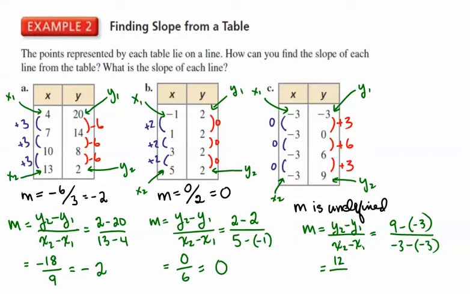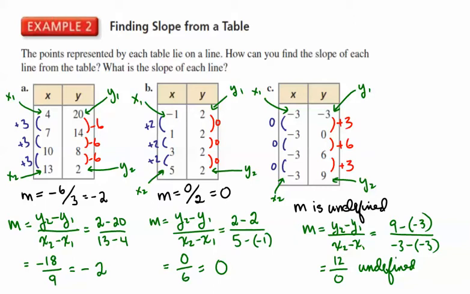Negative 3 minus negative 3, or negative 3 plus 3, would be 0. And unlike 0 over any number is 0, a number over 0 is always undefined. Alright, so 0 over anything is 0. Anything over 0 is undefined. And so the slope of that line is undefined.